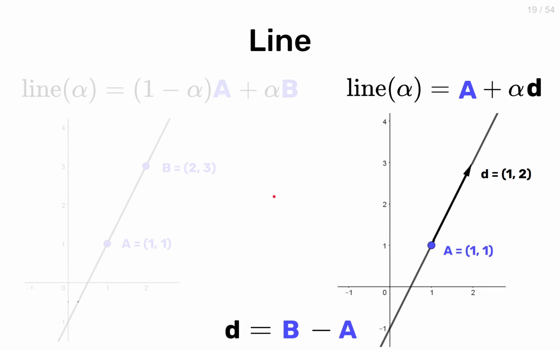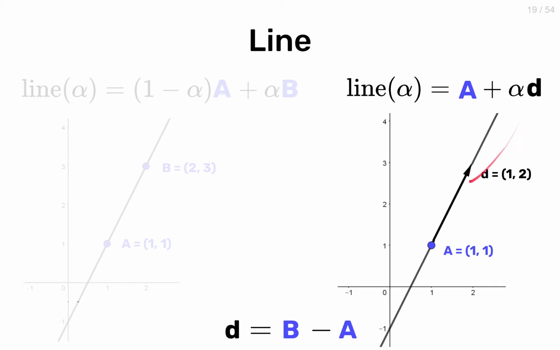But let's see the second example as well. So here we are using the direction vector, and we have this point A and we have this direction vector D. And if we define this equation now like this, line alpha equals A plus alpha times D, then we can also get all the points on the line.